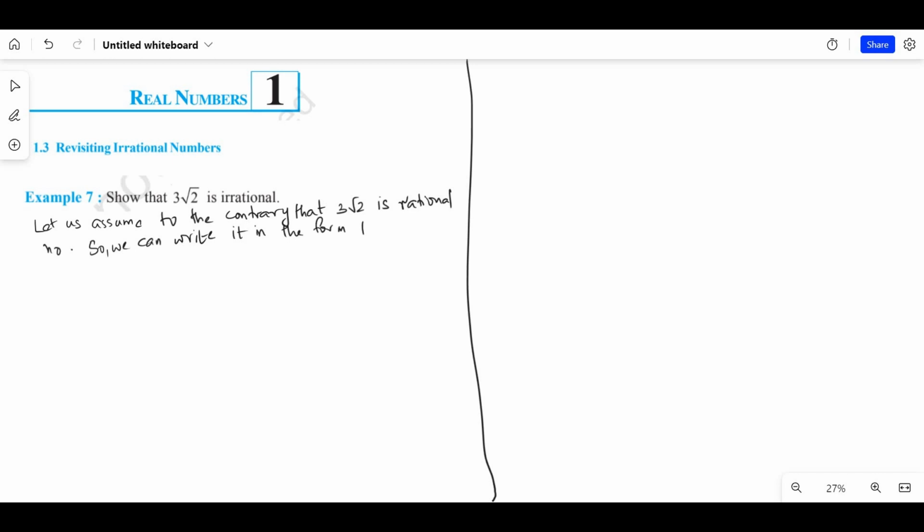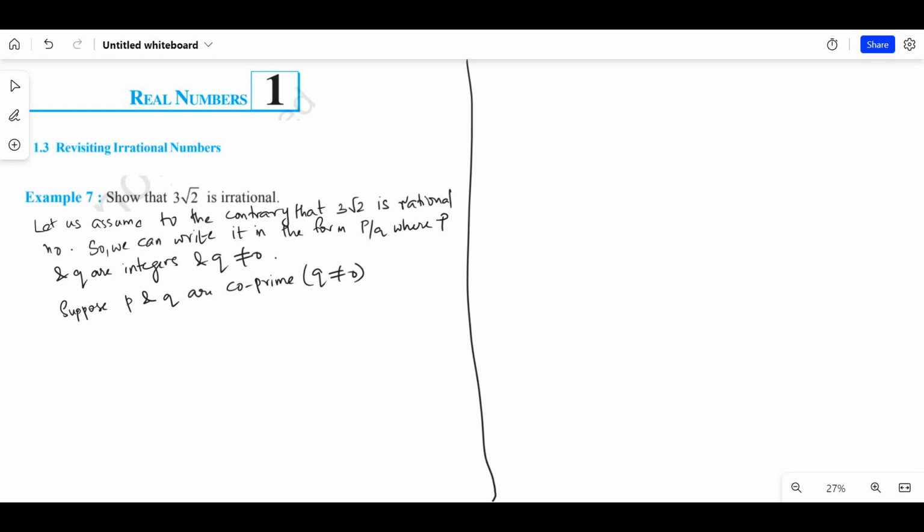Let's suppose p and q are co-prime, and q not equal to 0.